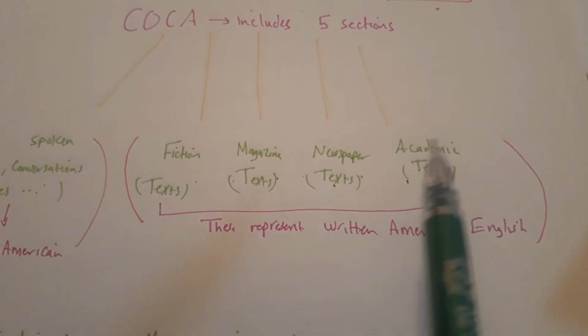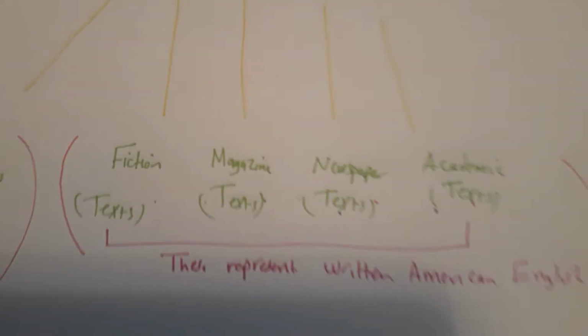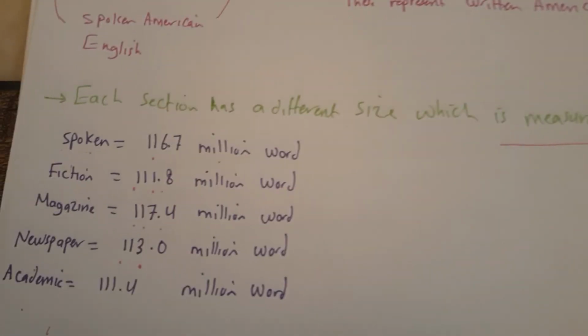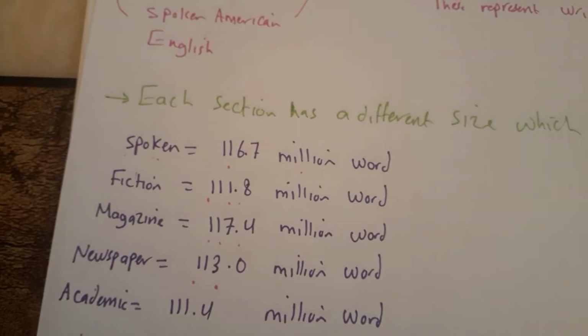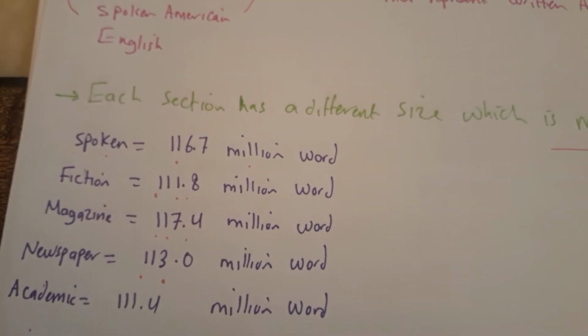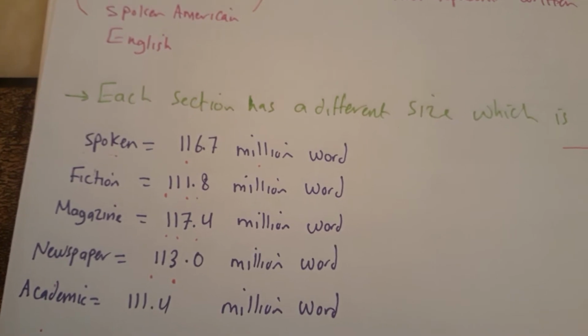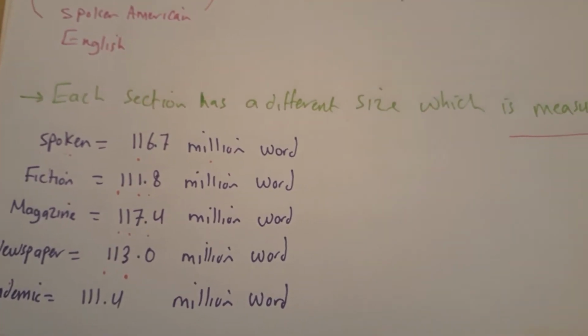The last 4 sections represent the written American English. Each section has a different size, and the size is measured by million words. For example, as you can see, spoken is about 116.7 million words, fiction is about 111.8 million words, and so on.